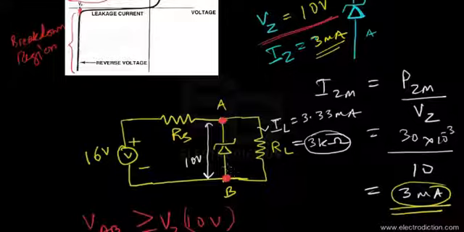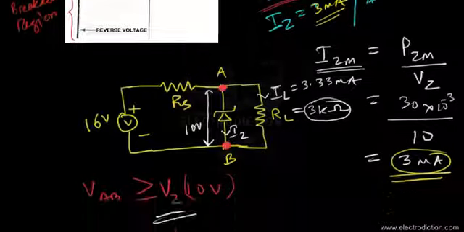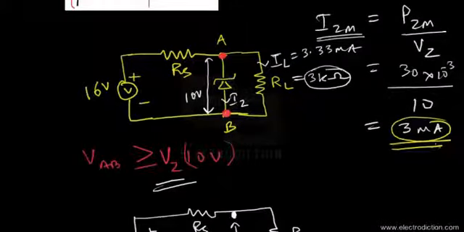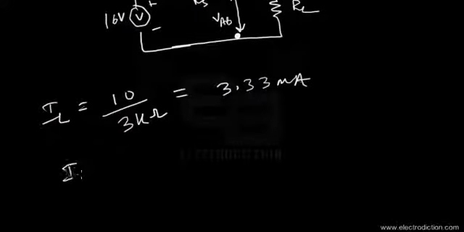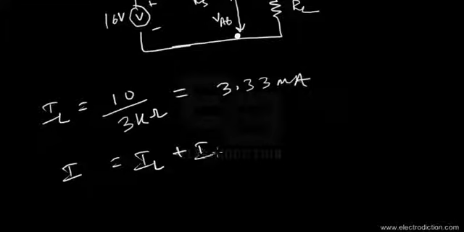And now we knew that the maximum Zener current, denoted by IZM, would be about 3 milliamps. So the total amount of current that should flow through both arms, one through the load resistance and one through the Zener diode, would be I equals IL plus IZ.